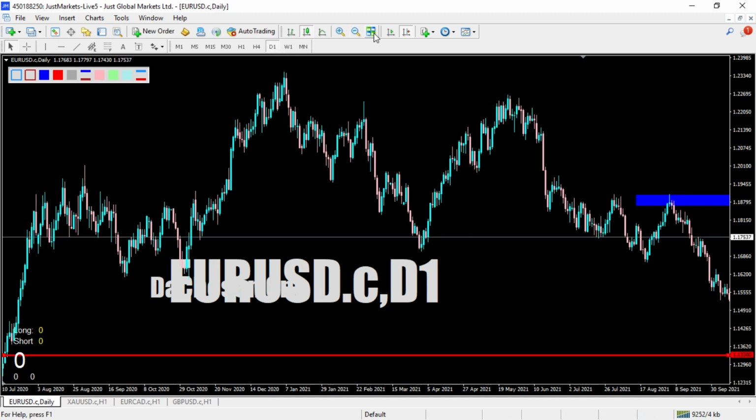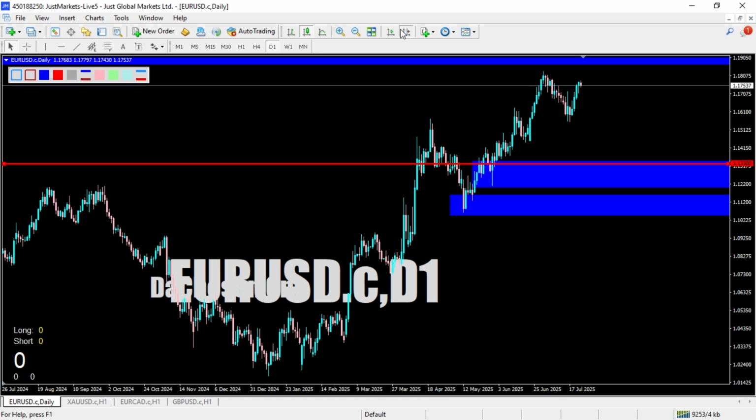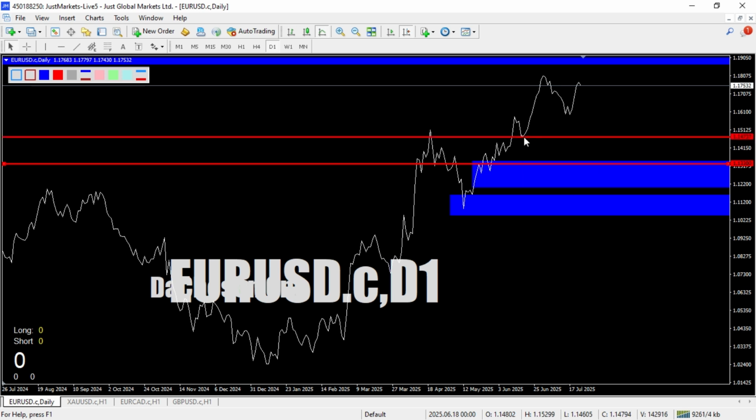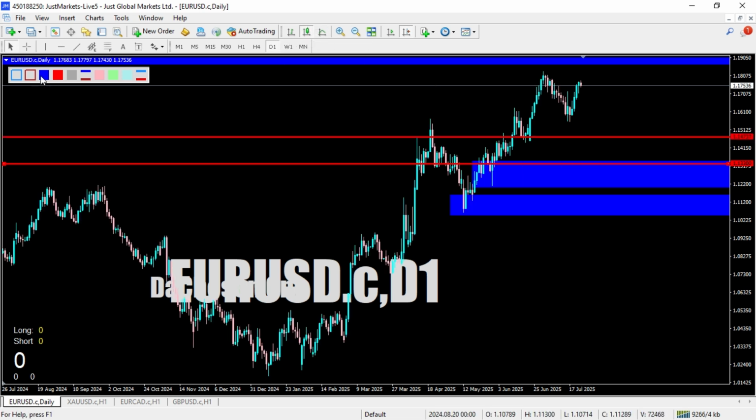Let's move to the daily time frame. In the daily time frame, you can see a danger zone over here.